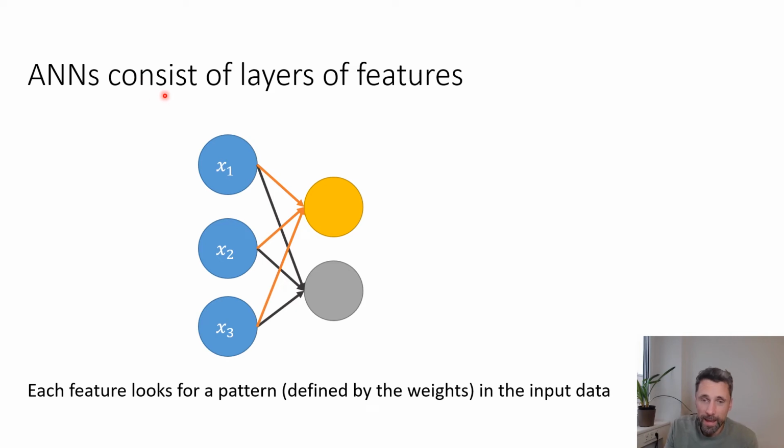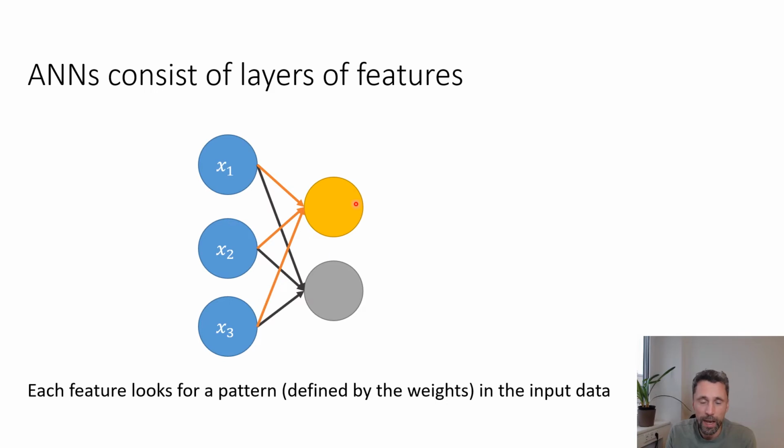So ANNs now consist of multiple layers of these units, and we call them also features because they are detecting patterns in the input, right? So each of these units here connect to all those input variables, and after training they have a specific set of weights that detect specific patterns in the input.